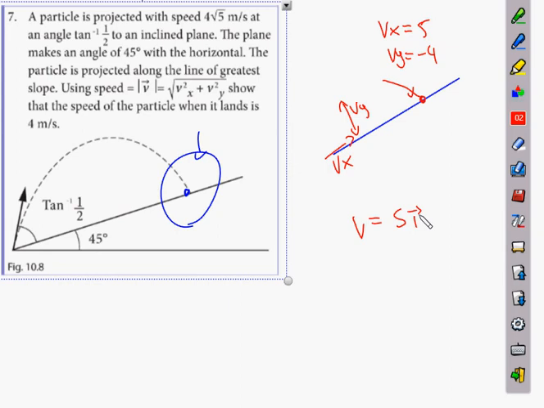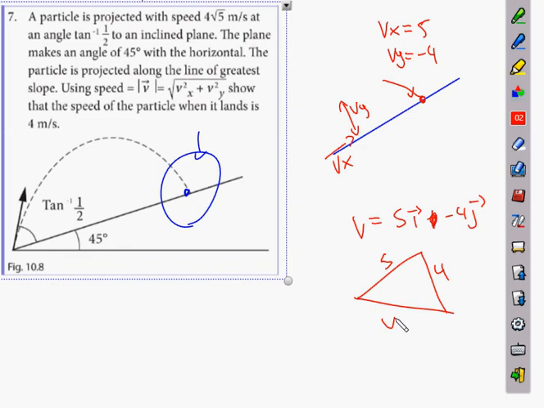But it'd be something equivalent to 5i minus 4j. 5 across for every 4 down, with the plane as the x-axis, okay? Now, if you want to get the speed of that, how would you get it? You do Pythagoras' theorem and you find out its speed.